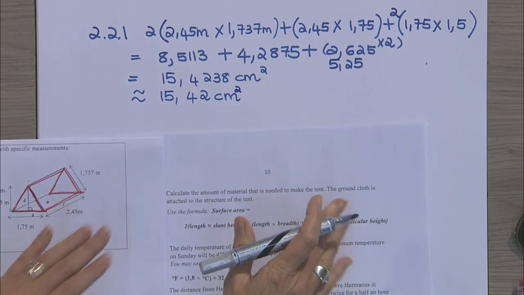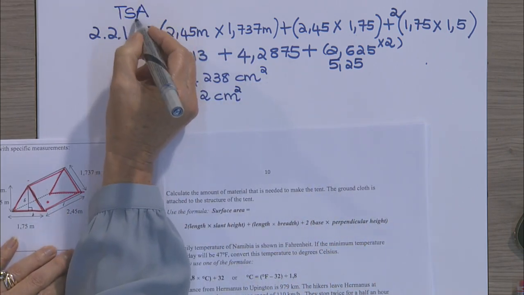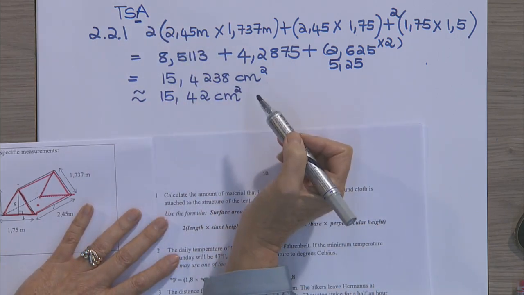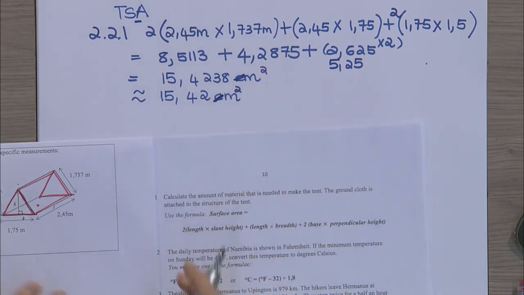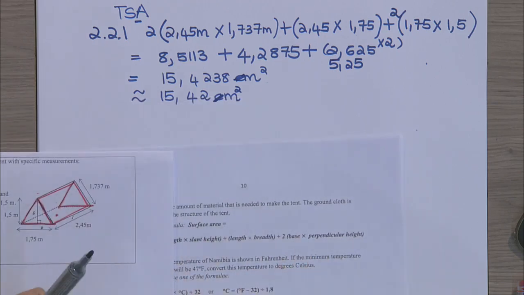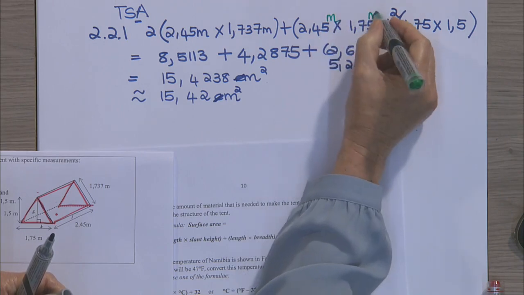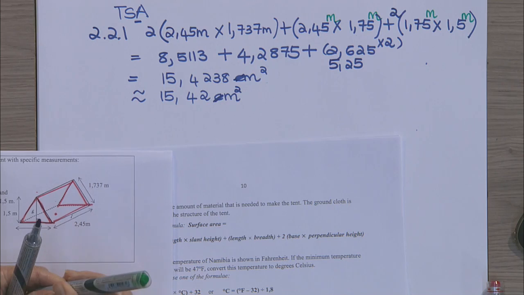Why squared? Because it is total surface area. Sorry, grade 12, I realized the measurements were in meters. There were no conversions needed because everything was in meters.